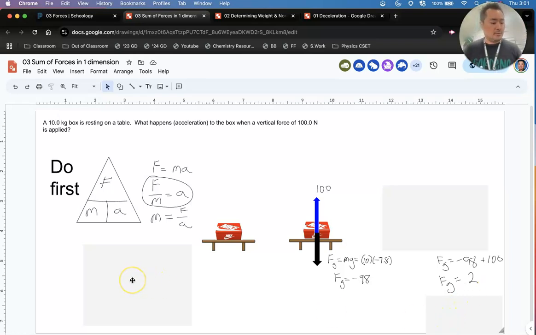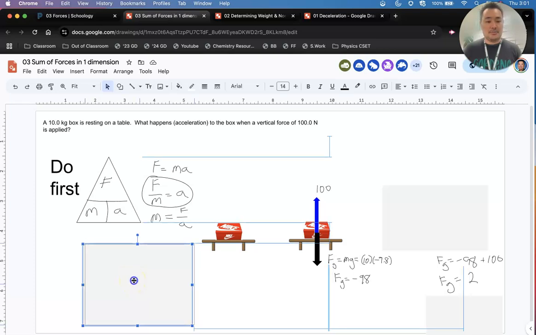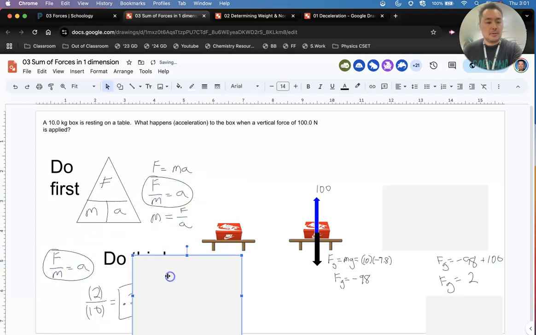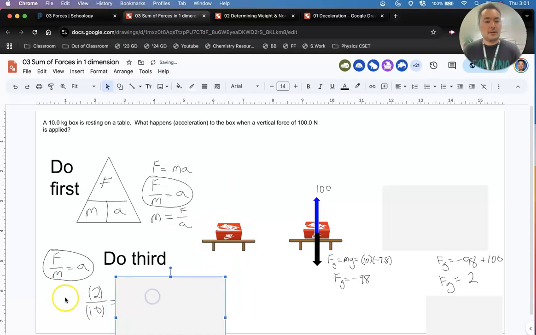So let's use this last equation. Sorry, a equals F over m. And then we plug in for F, and we plug in for m.